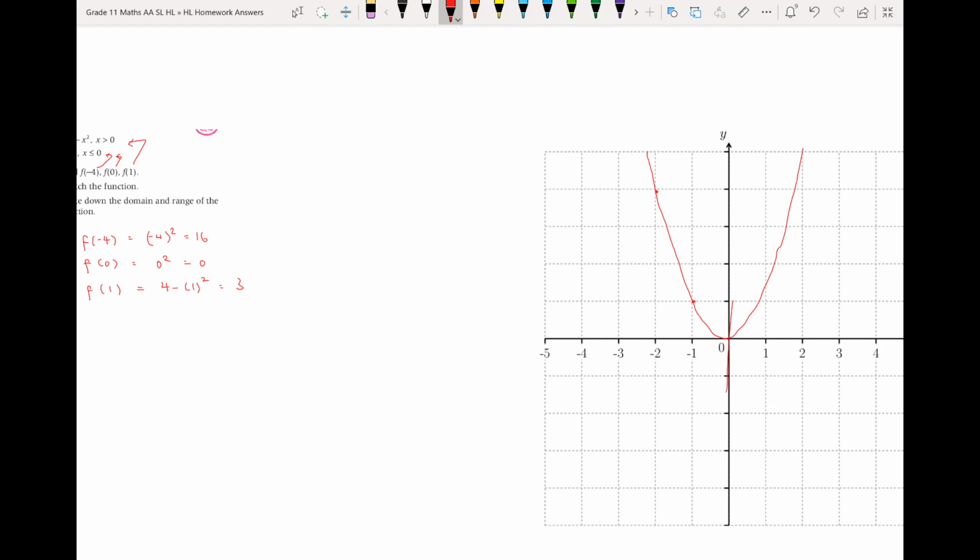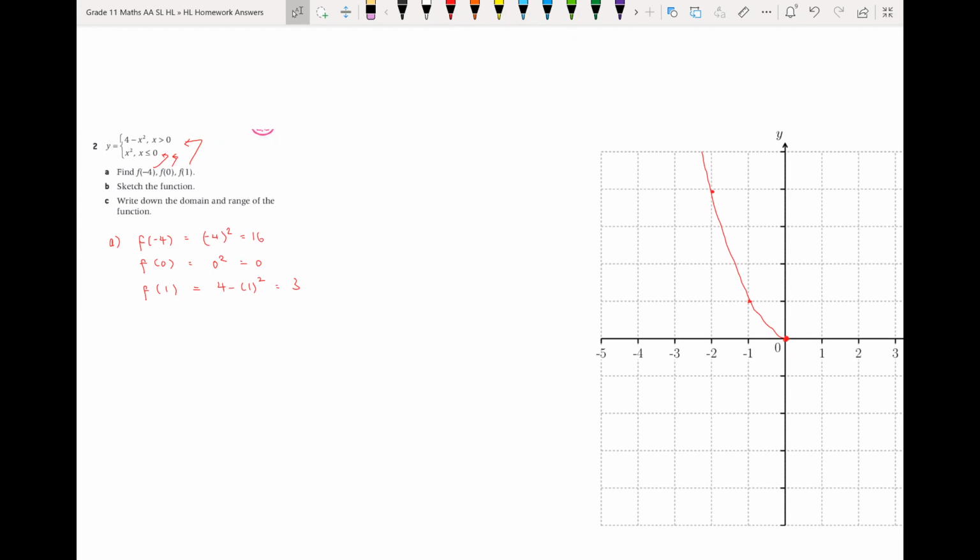But I'm going to chop it down so that I only have the left-hand side. So I need to get rid of this side here. That means I'm going to go from the left-hand side, and then I need to stop at 0. And I'm going to include 0 because the inequality has it equal to 0.